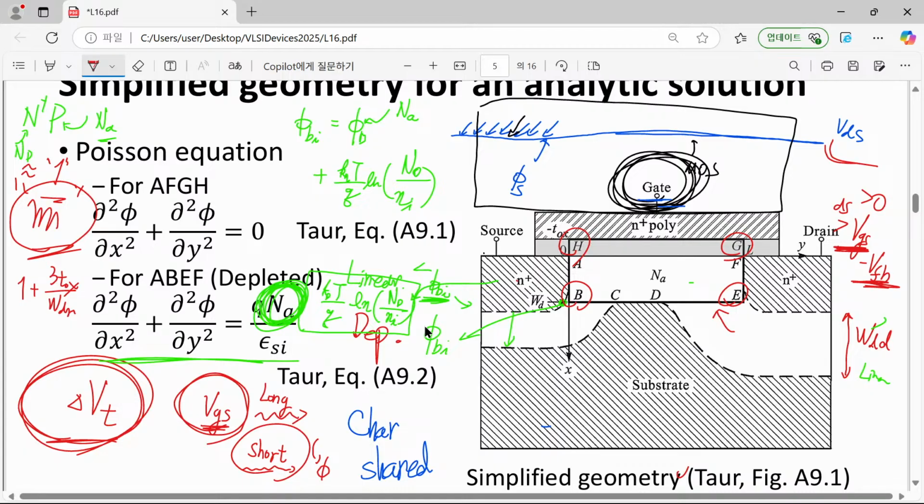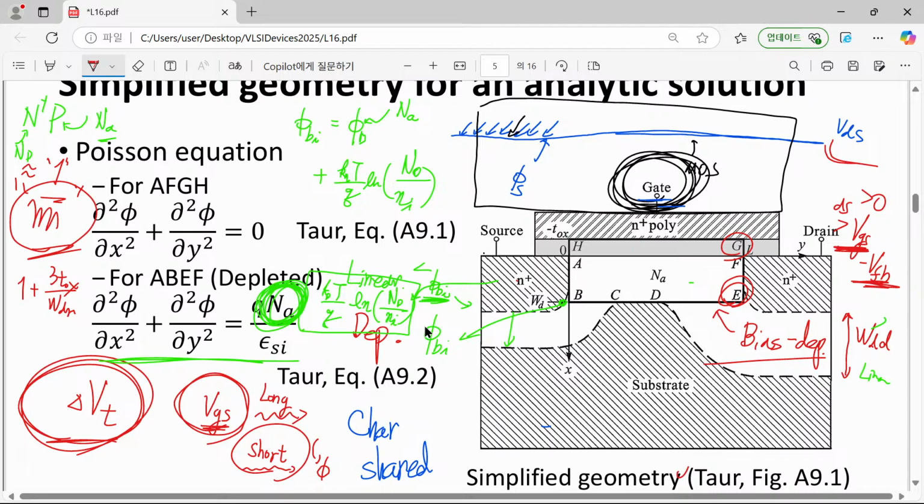But the point is, this box itself is bias dependent. How did you select this B point? How did you select this E point? And how did you select this C, D point? The definition of this C, D point depends on the gate voltage.